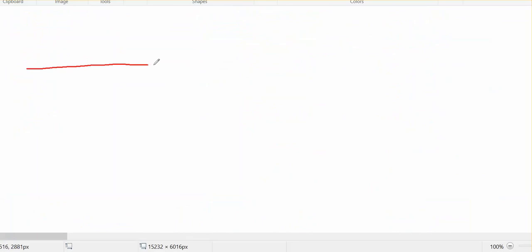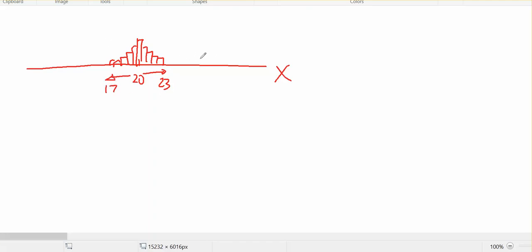If I have x, and x is concentrated around 20, and it has a sort of normal distribution where the spread goes out to around about 23 and out to around about 17, and there's very little distribution above 23 and very little distribution below 17.